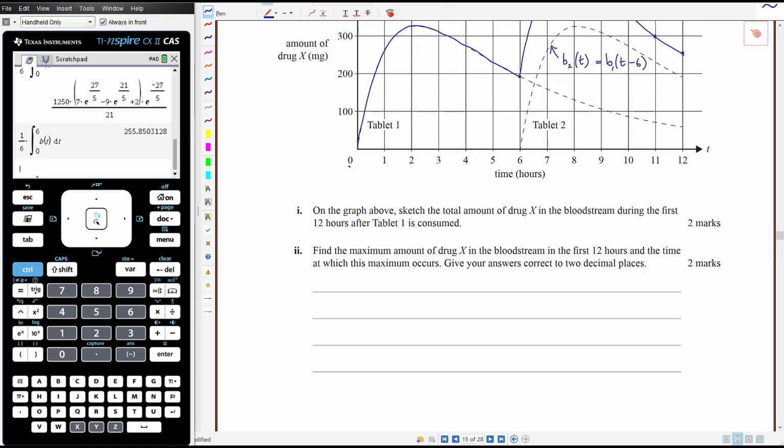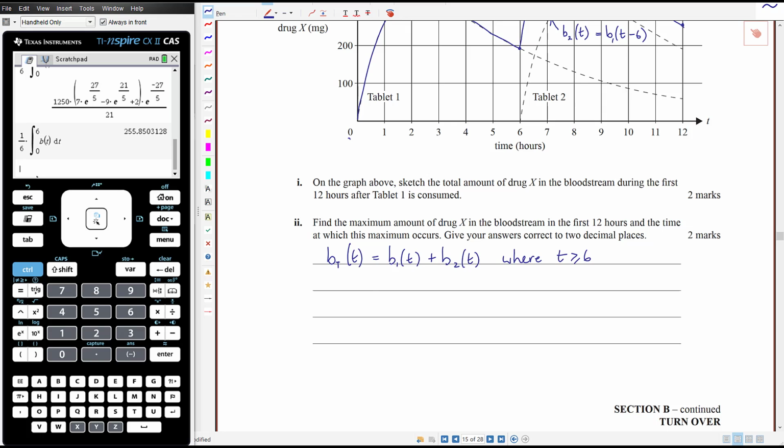And so that means that between 6 and 12 hours, the total amount in the bloodstream, so I'll call it total blood amount in the bloodstream, is going to be B1 of T plus B2 of T, where T is bigger than or equal to 6.